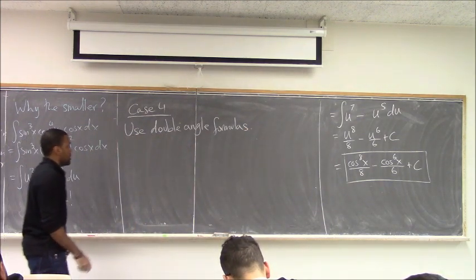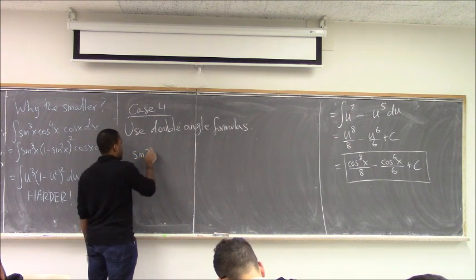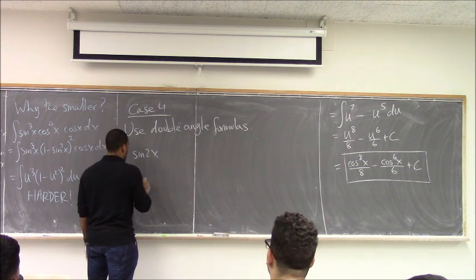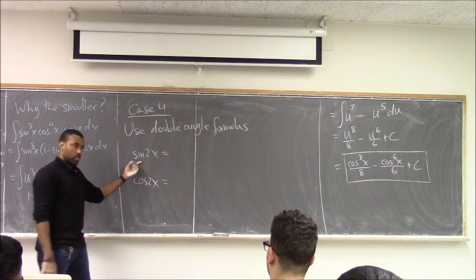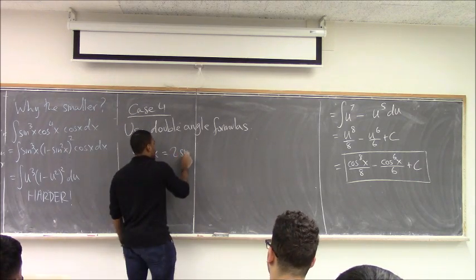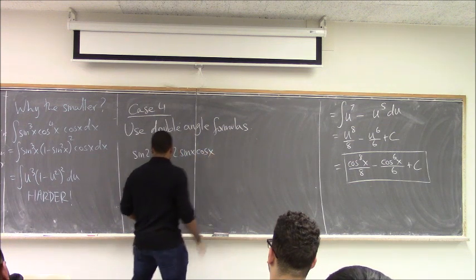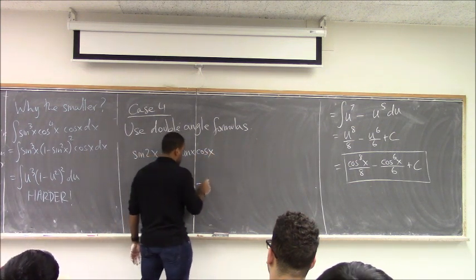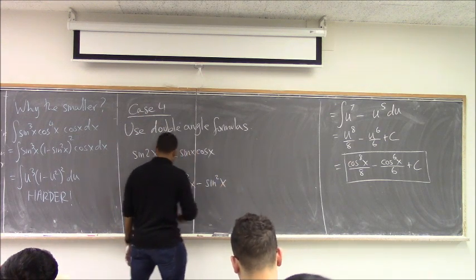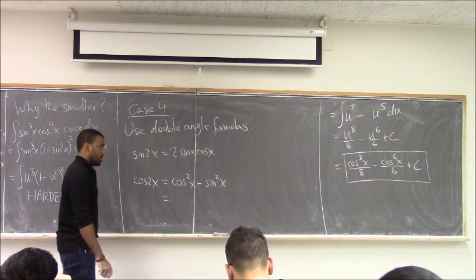So, remember what the sine of 2x is? What the cosine of 2x is? Sine 2x is 2 sine x cosine x. Cosine of 2x, give me another way to write that.